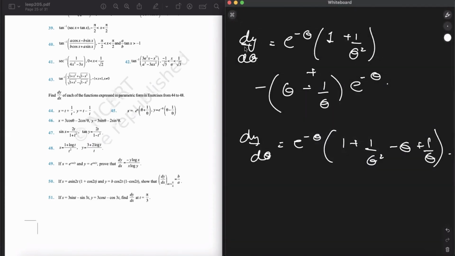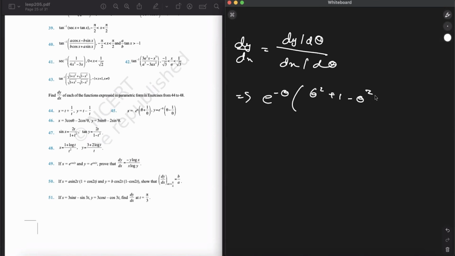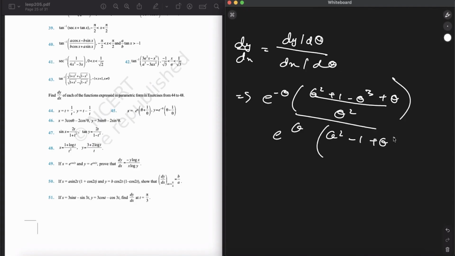So dy by dx is equal to dy by d theta whole divided by dx upon d theta. So e raised to the power of minus theta, theta square plus 1 minus theta cube plus theta by theta square, divided by e raised to the power of theta, theta square minus 1 plus theta cube plus theta, whole upon theta square.